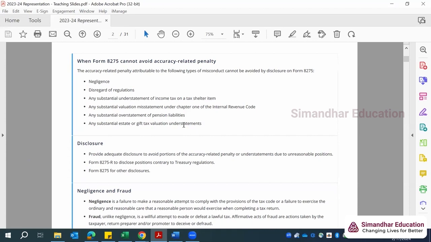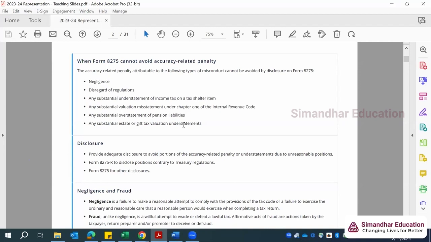So if you feel that you have a reasonable basis for preparing the tax return, then you should go ahead and disclose it on the tax return. If you feel that you have substantial authority, then there is no disclosure needed.